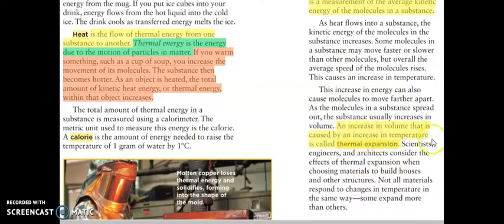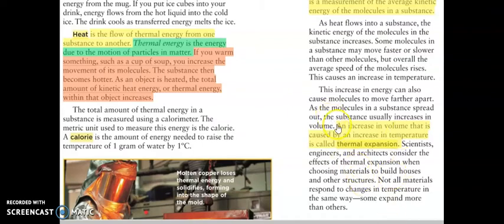Okay, guys, scientists consider the effect of thermal expansion when choosing materials to build houses and other structures. Not all materials respond to changes in temperature in the same way. Some expand more than others.